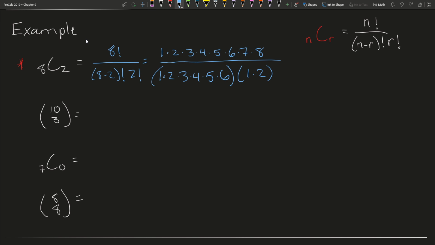Okay, so if we rewrite 8 choose 2 by definition and then simplify or expand our factorials, we get what's written above. And again, we can cancel out common terms, and we're left with 7 times 8 over 1 times 2, which is just 2.